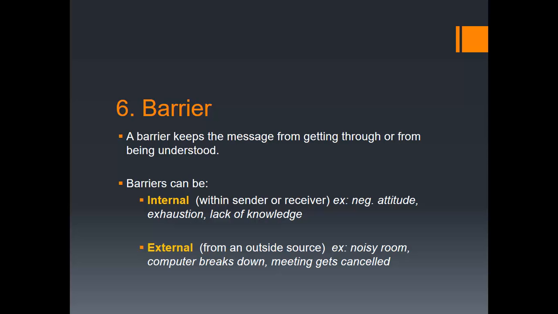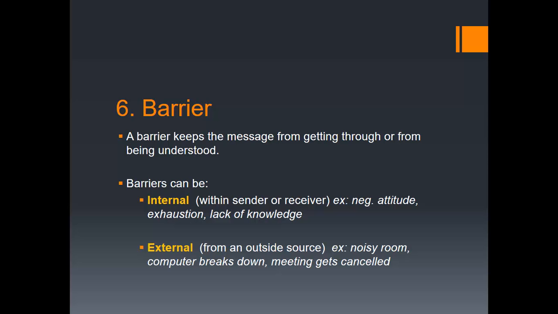And so for example, let's say you are upset at your sibling. Okay, let's just use that example. And you have a negative attitude toward your sibling and they ask you, can I please borrow your car for something? Okay, if you are upset with them or if you have a negative attitude, that's going to hinder the effectiveness of what they're trying to accomplish.